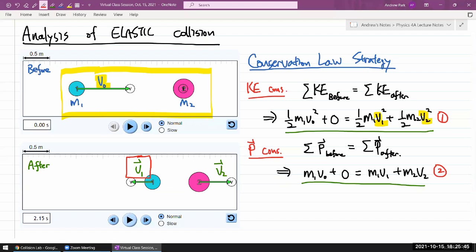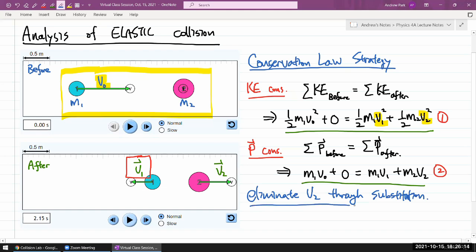More specifically, my immediate next step goal here is to eliminate V2 from my system of equations. And the way you eliminate it is through substitution. So in order to use substitution, you need to have an expression for V2 in terms of all the other quantities. I can see here in my equation 2, I can solve this for V2.